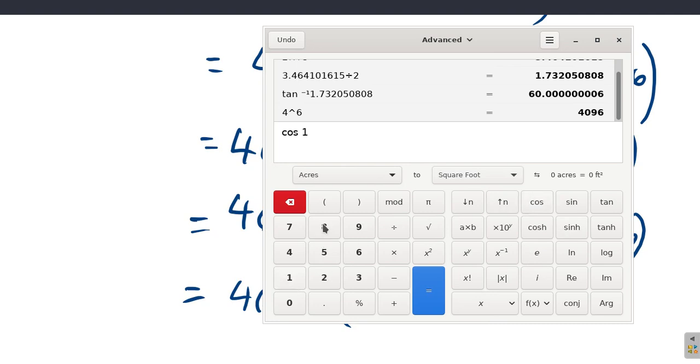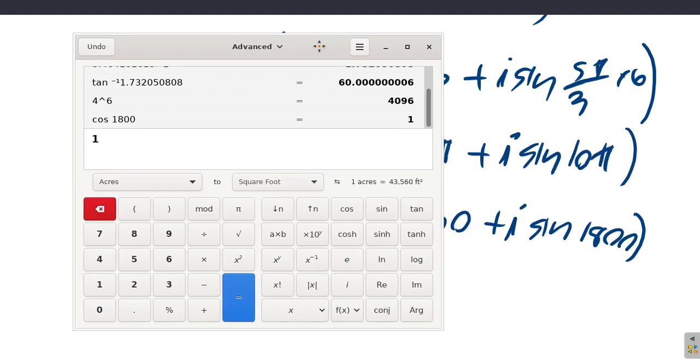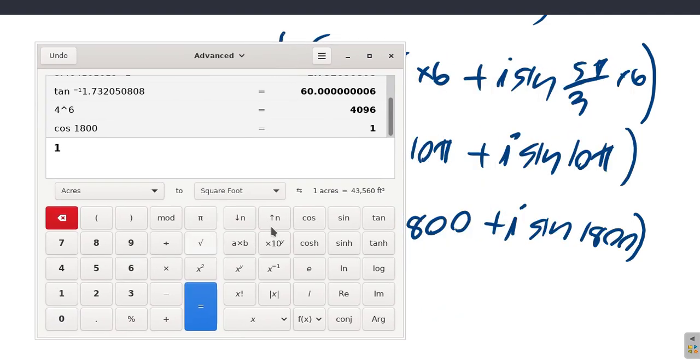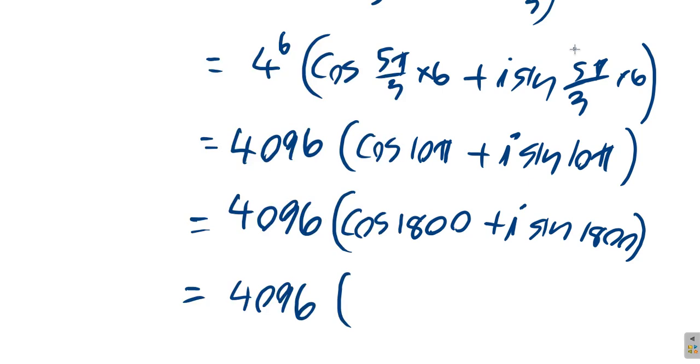Cosine of 1800 equals 1. And the sine of 1800 equals 0. So what we have is 1 plus 0i, which is 4096, right? Just that, 0i.